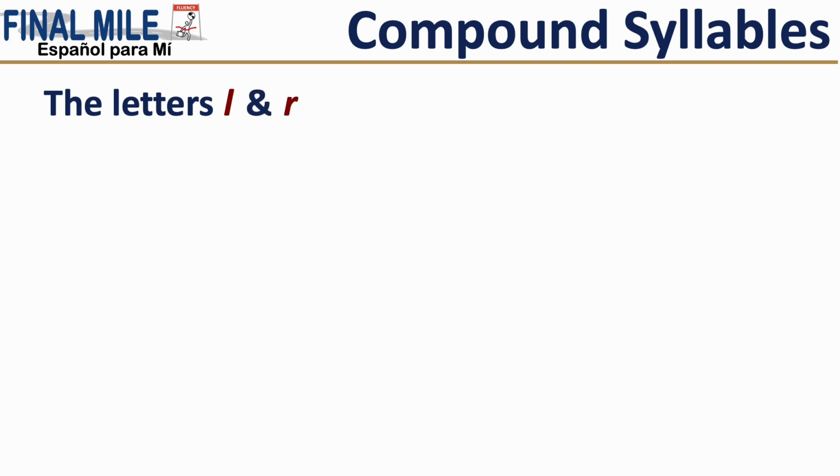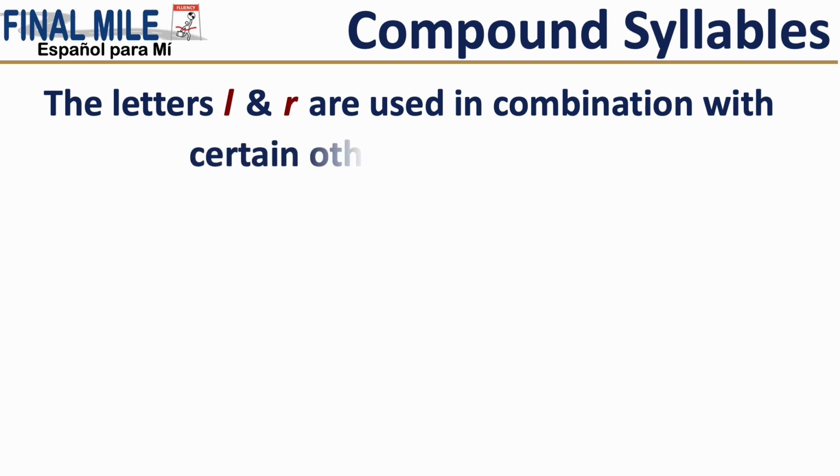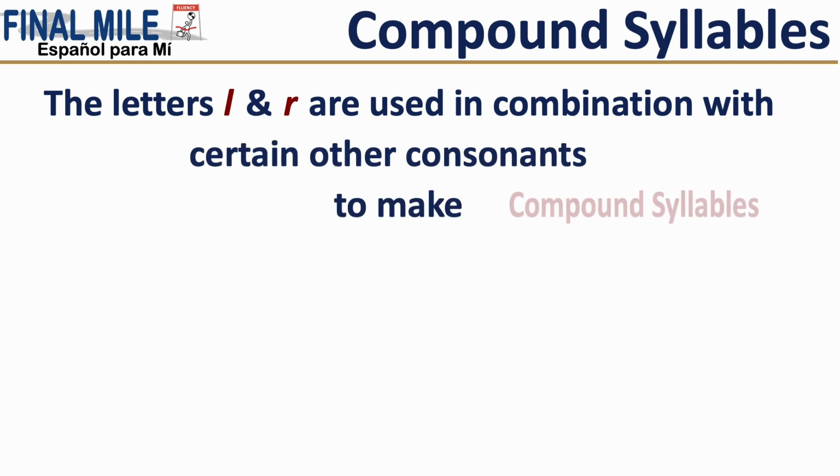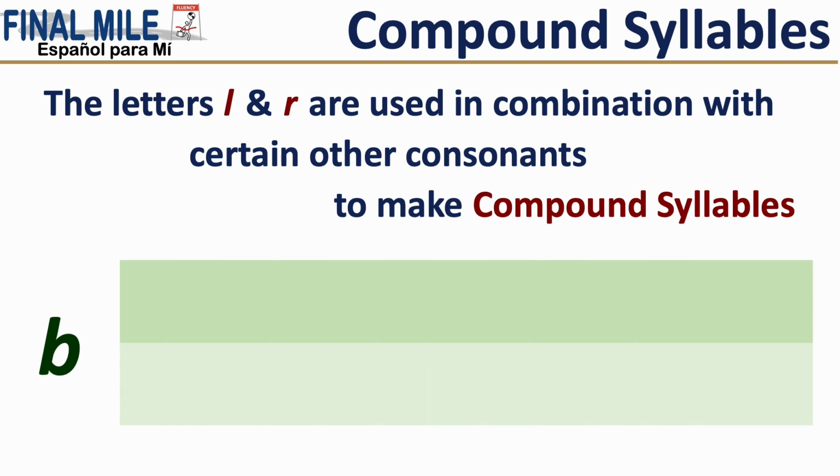The letters L and R are used in combination with certain other consonants, not all of them, to make compound syllables. What am I talking about? Okay, we remember the basic syllables with the consonant B, right?